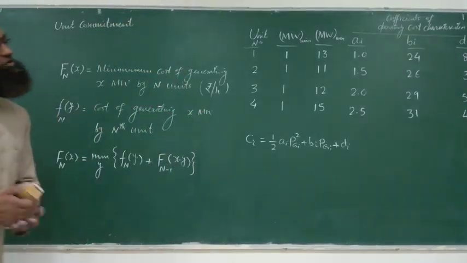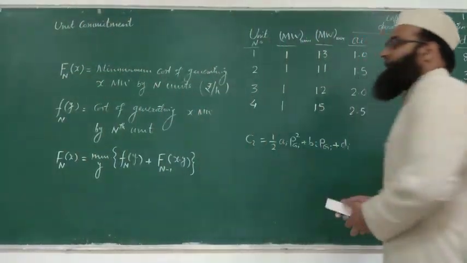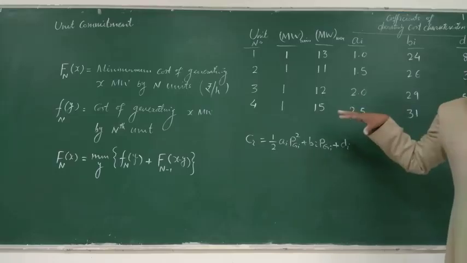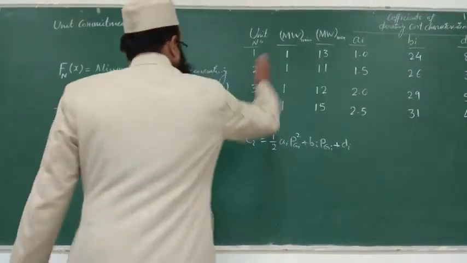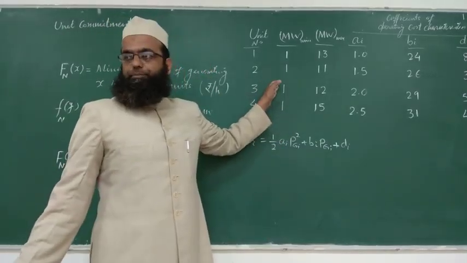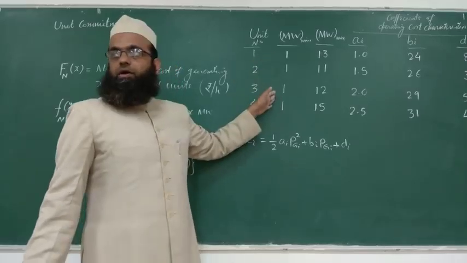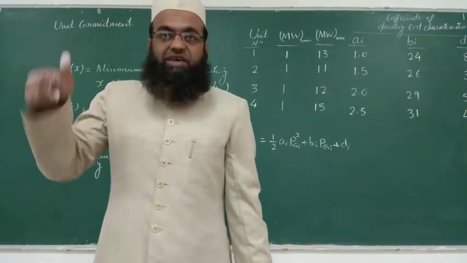So let us assume some demand on the station. So first tell me the range of demand that can be met by operating the various units. So the minimum will be 1, because each unit has 1 as its lower limit capacity. So we will see the lower limit of the smallest unit.